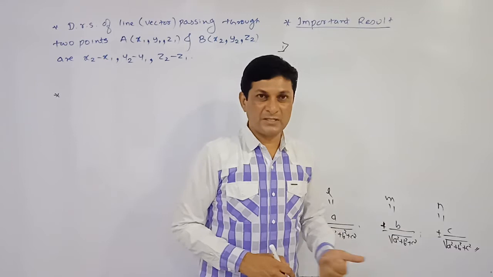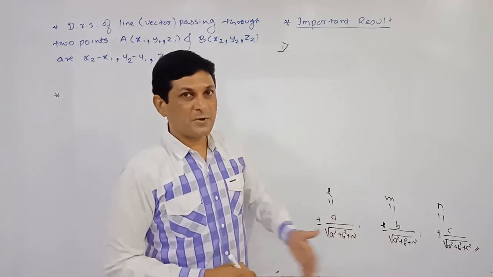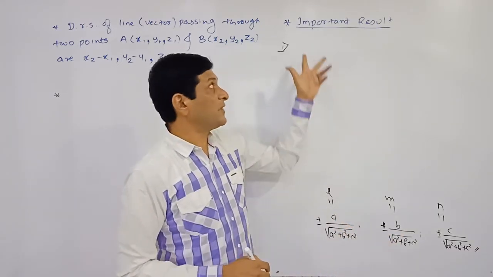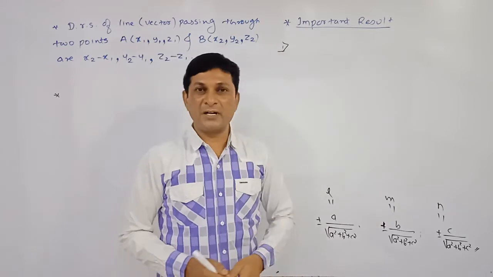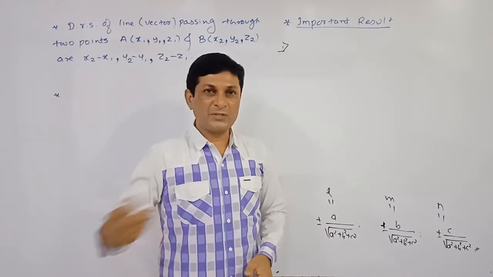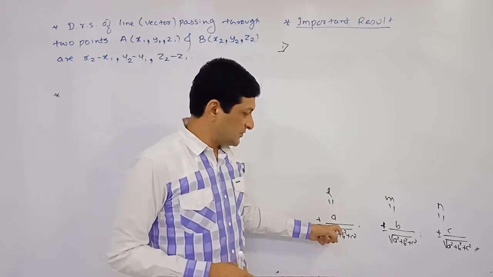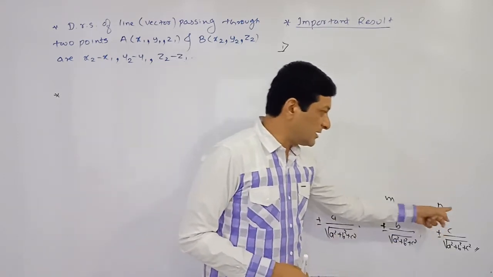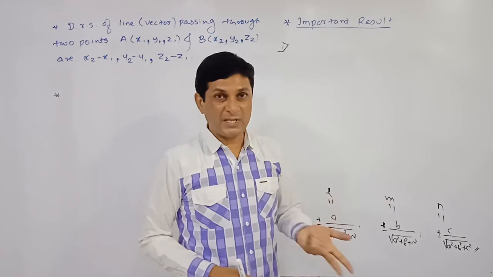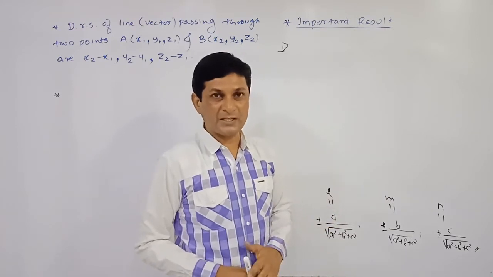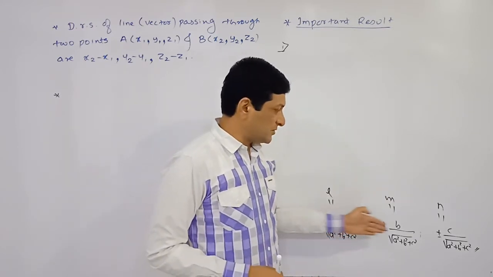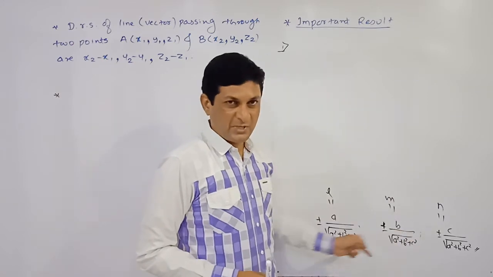Now from this result, we are trying to find a few more important results which we use while solving examples, isn't it? Now observe these three numbers. These three numbers are nothing but direction cosines. Suppose that after substituting the values, we get three numbers here.